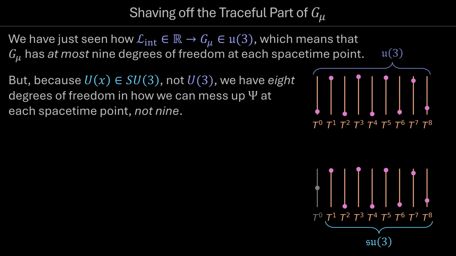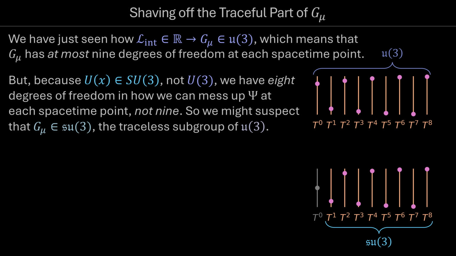And so therefore, we might suspect that rather than having G_mu in the Lie algebra of U(3), perhaps G_mu should live only in the Lie algebra of SU(3), the traceless subspace of U(3). And so if you imagine the Lie algebra of SU(3) as an 8-dimensional subspace within the Lie algebra of U(3), all you have to do is compress that 9-dimensional space down into 8 dimensions along the direction of the identity matrix.